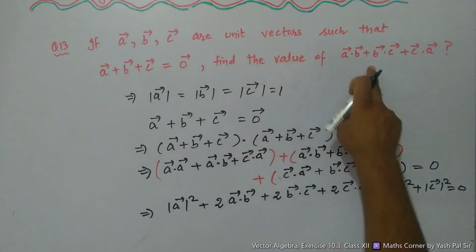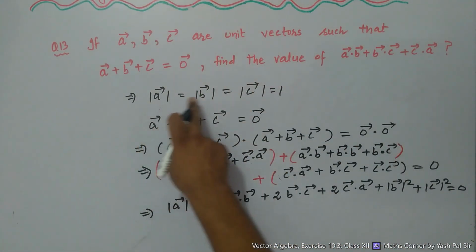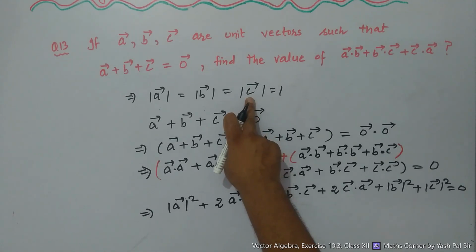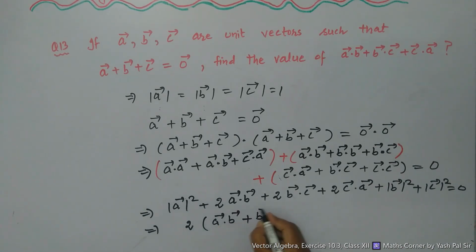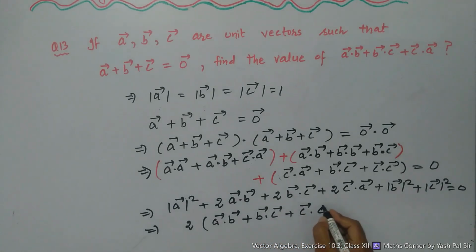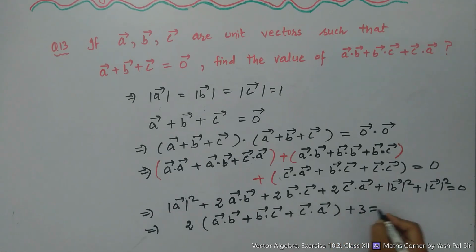So magnitude of A, magnitude of B, magnitude of C is equal to 1. So this is 1 plus 1 plus 1, 3. So taking 2 common, we have 2 times A dot B plus B dot C plus C dot A, plus 3 is equal to 0.